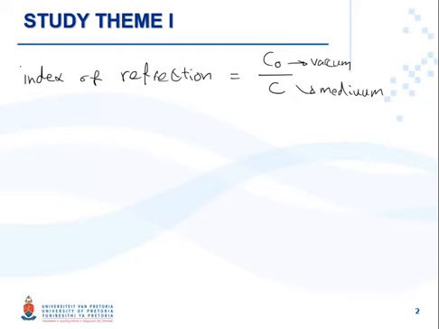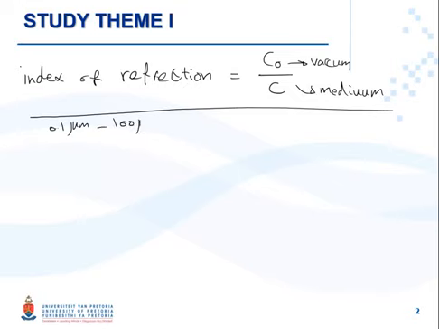Beside that, we talked about the electromagnetic wave spectrum. We said that there are 3 different boundaries of interest for us: 0.1 micrometer to 100 micrometer, which we call the thermal radiation boundary.